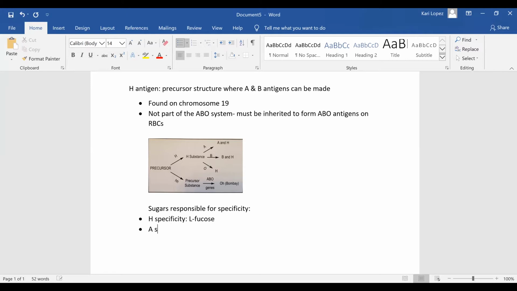Your A specificity is going to be with N-acetylgalactosamine. And then your B specificity is going to be D-galactose.